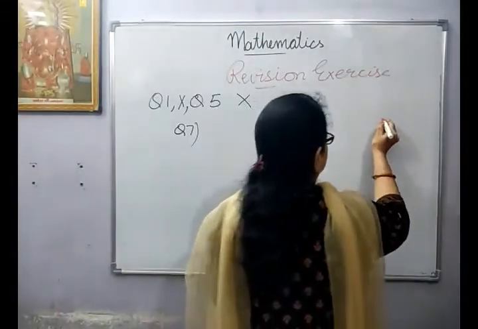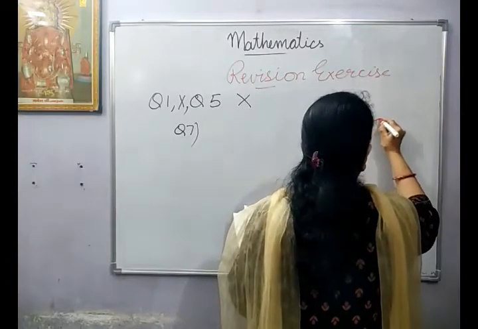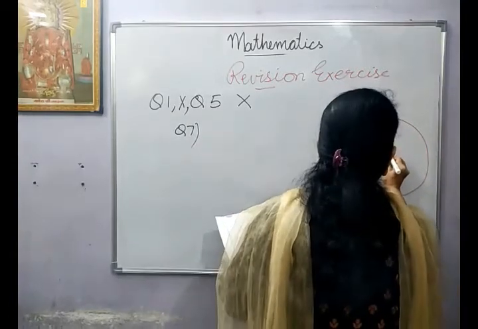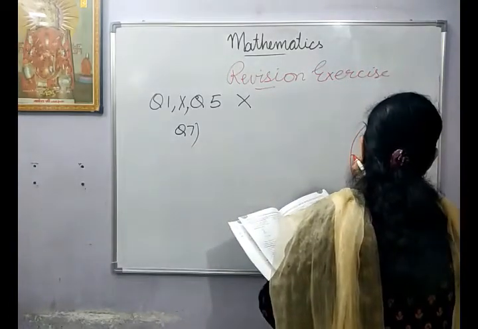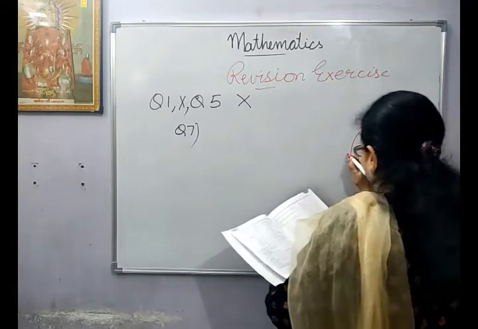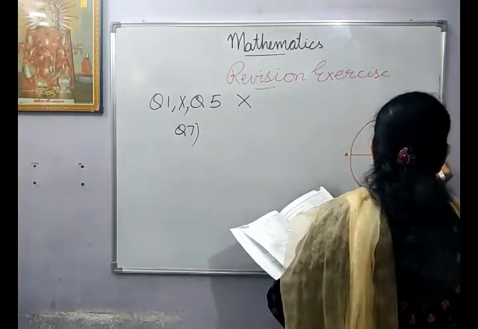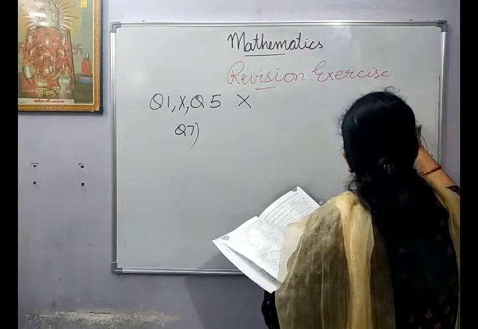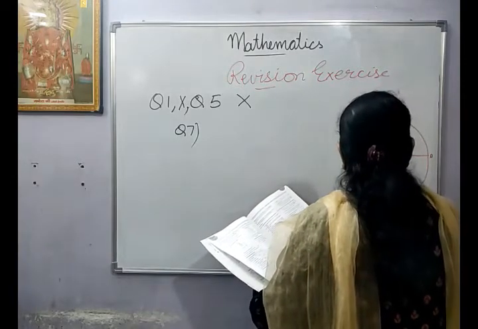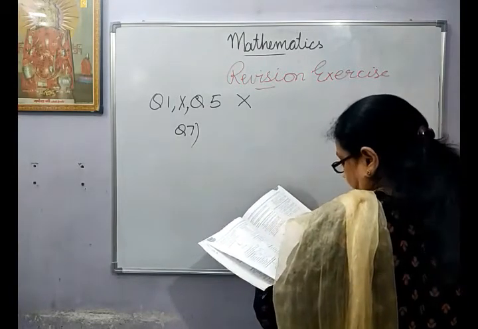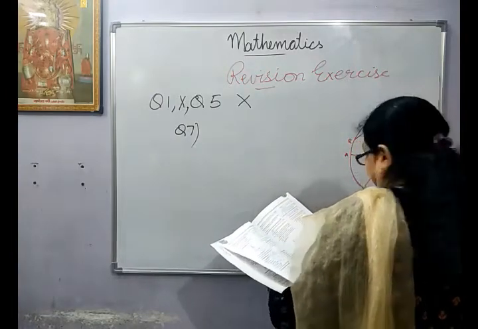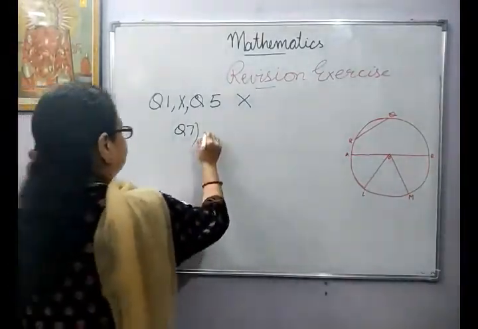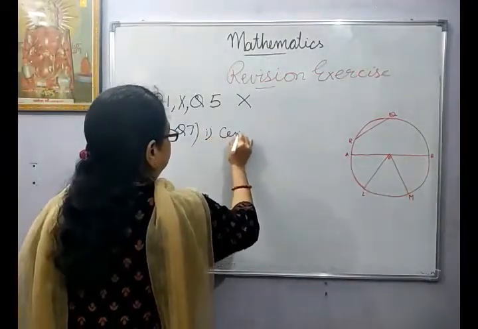First I will draw this. Then they have drawn like this: A, B, O, then P, Q, L and M. The first, as usual, they have asked in question number 7: center.